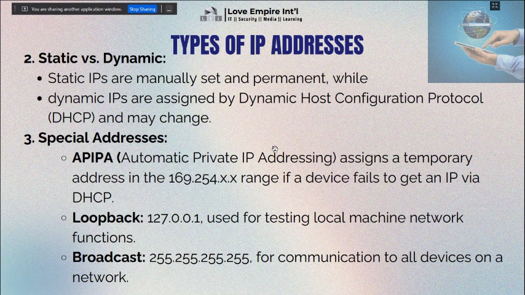Okay, then the next type of IP address that we have are these special addresses. One is called APIPA, or automatic private IP addressing. This APIPA is normally assigned temporarily if a device fails to get an IP address from the DHCP.